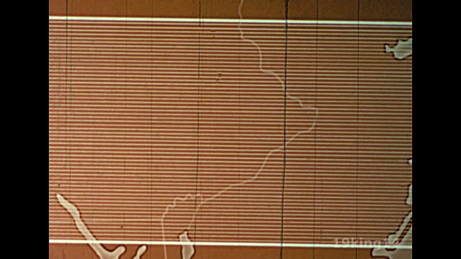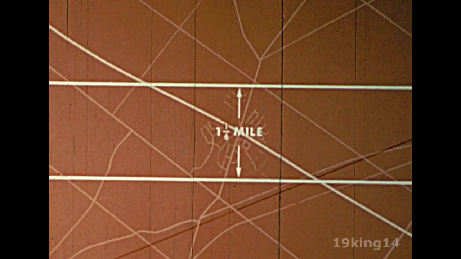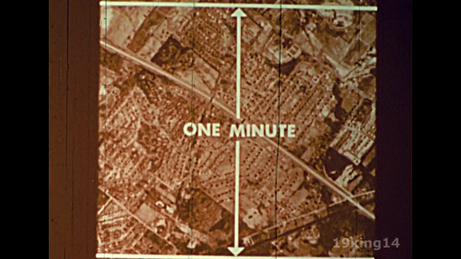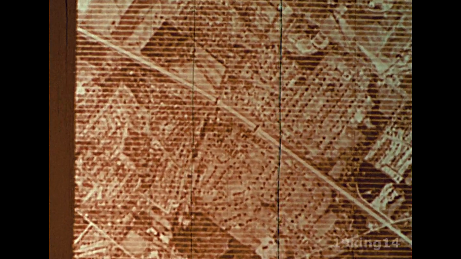To give the location of places more exactly, we divide the degree into 60 parts, each called a minute. A minute of latitude is about 1 1/6 miles. To locate a place even more exactly, we divide 1 minute of latitude into 60 parts, each called a second. 1 second of latitude measures about 100 feet in width.